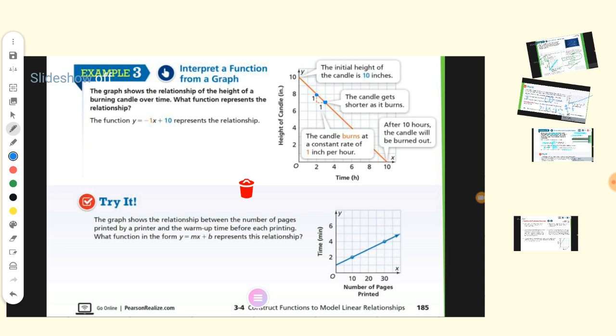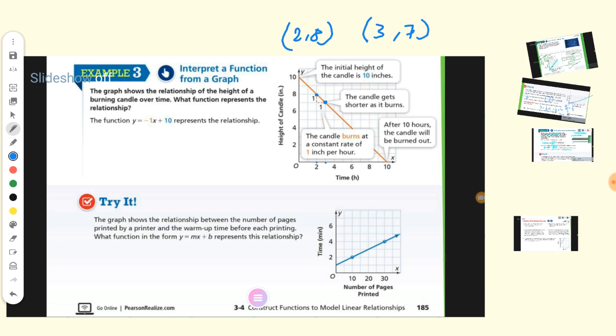The first one is at x equals 2, y equals 8, so it's 2 and 8. This is the first point. The second point is at x equals 3, y equals 7, so it's 3 at x, 7 at y.